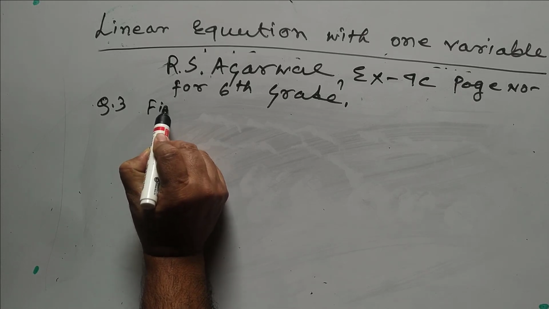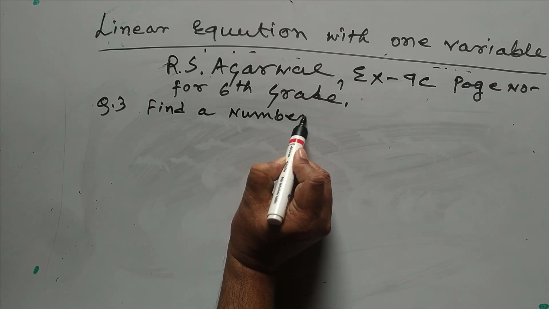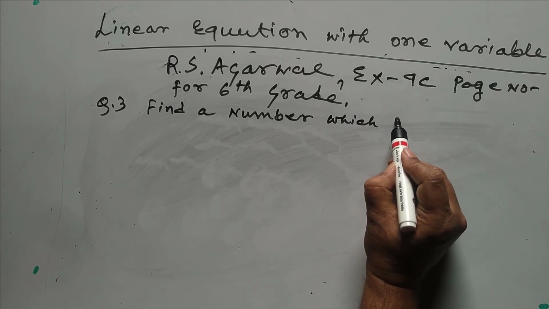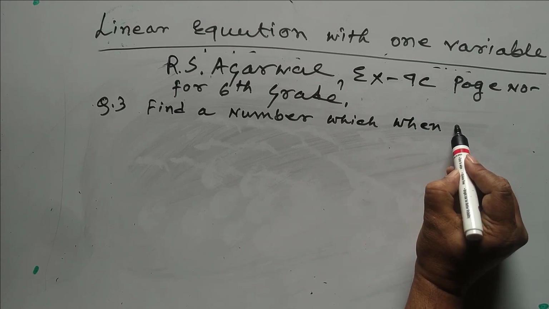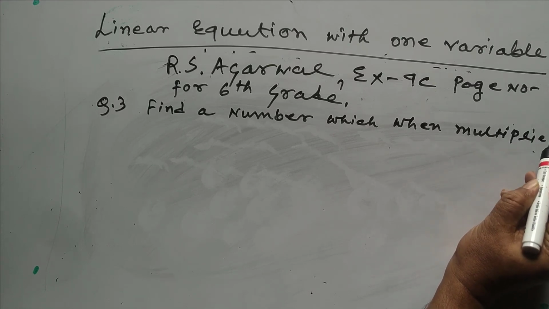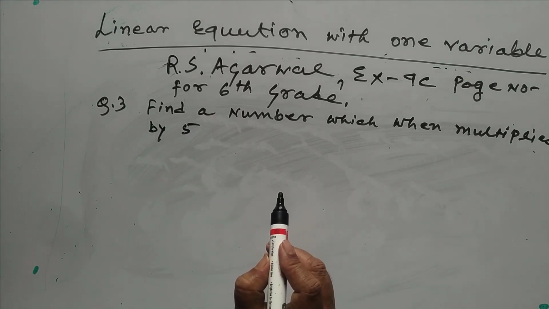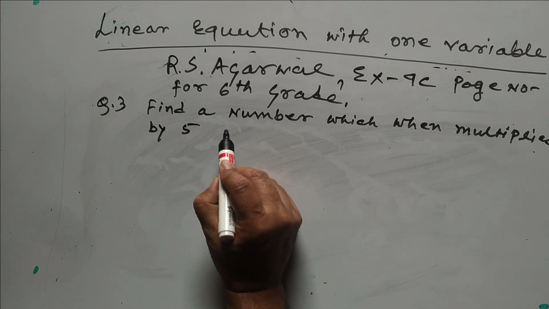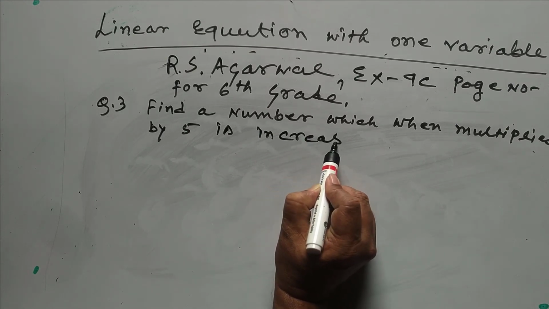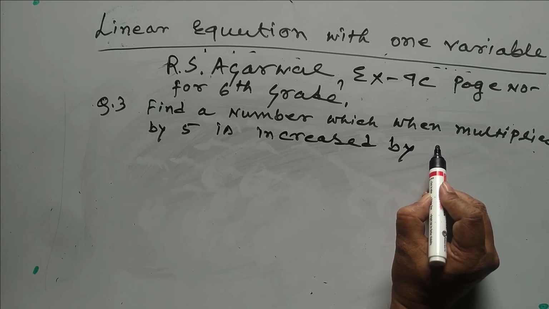So find a number which when multiplied by 5 is increased by 80.